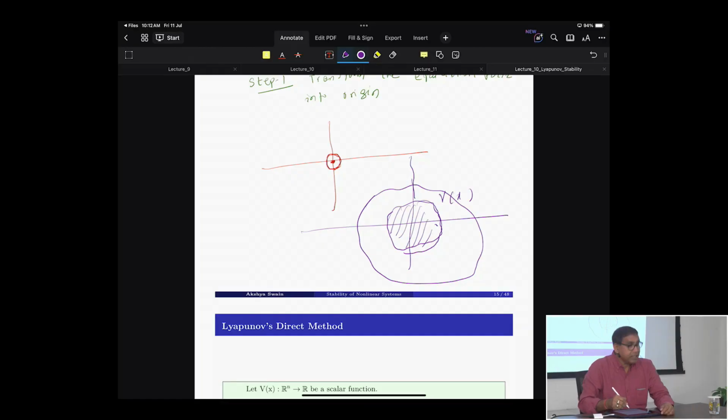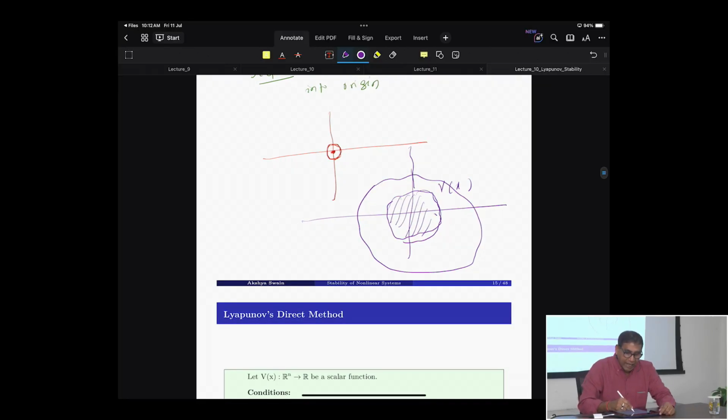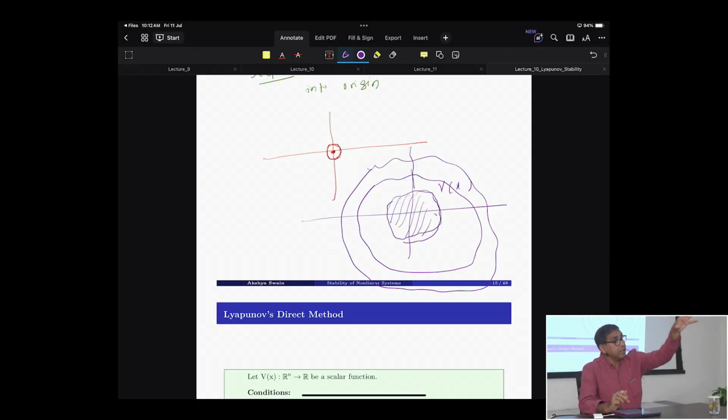That means the second person's approach is better than this one. Another person will say, I took another Lyapunov function, this system is stable. It is not around the equilibrium point. It is around the area defined by the Lyapunov function. So for each equilibrium point, you have to find out whether it's stable or unstable.